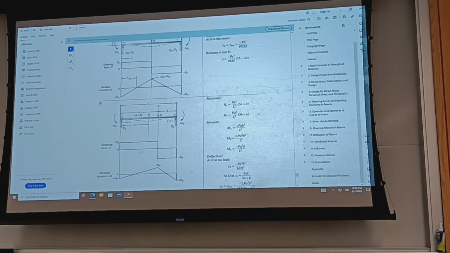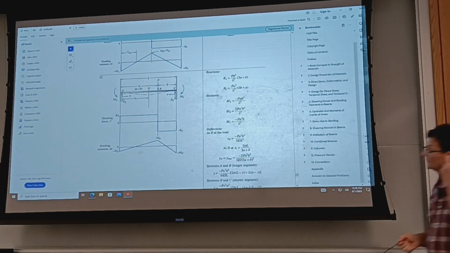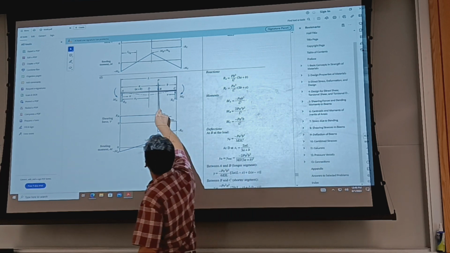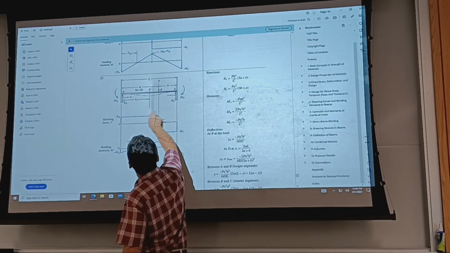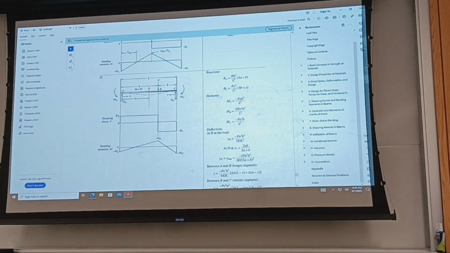And then one like entry E, but we have a load that is other than centered, not in the middle of the beam.